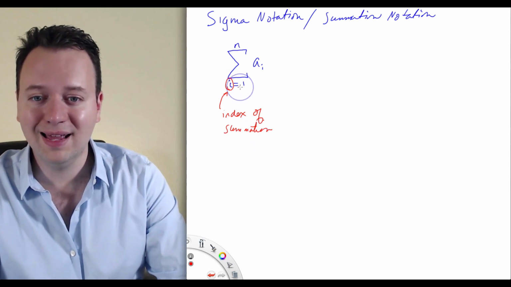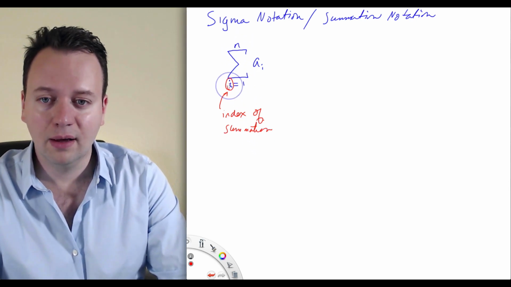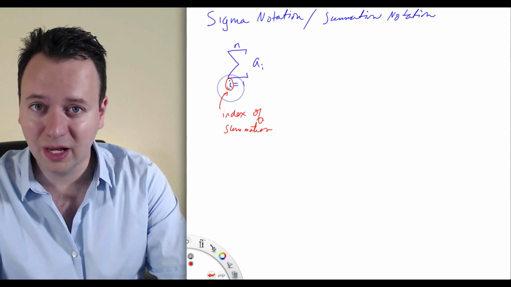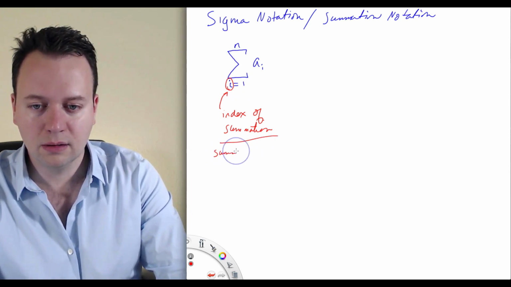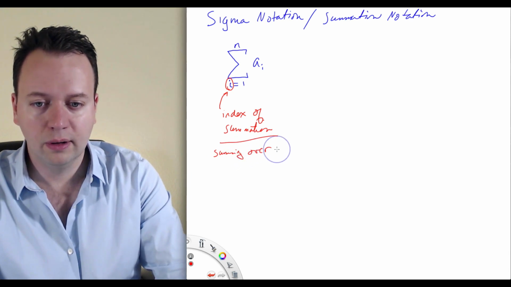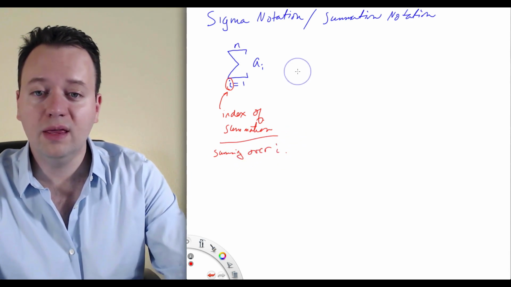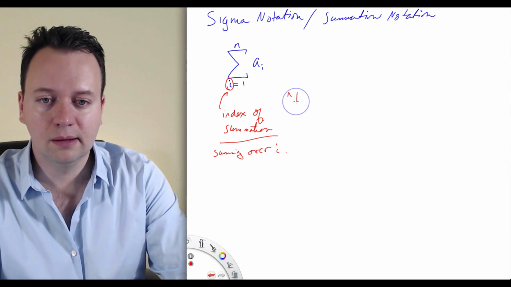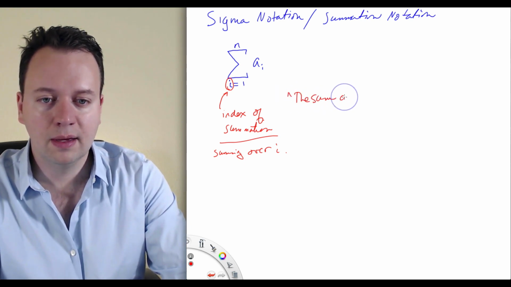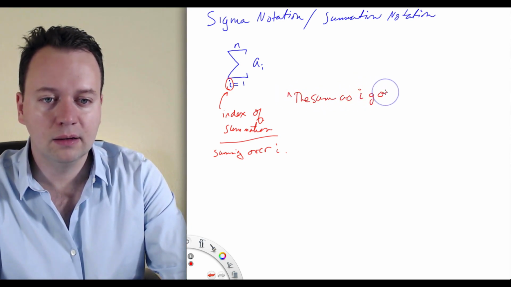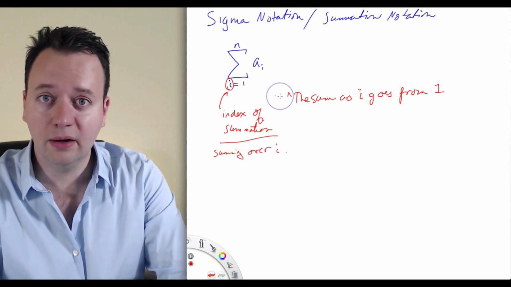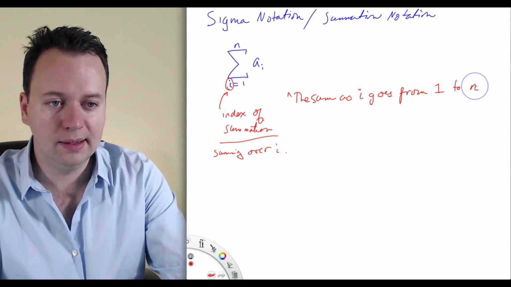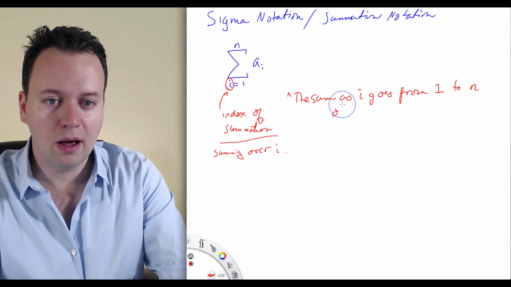So when you see i is equal to something, it says that you're summing over i. You would read this as the sum as i goes from 1, so that's down here, to n, and that's the guy up here, of a sub i.